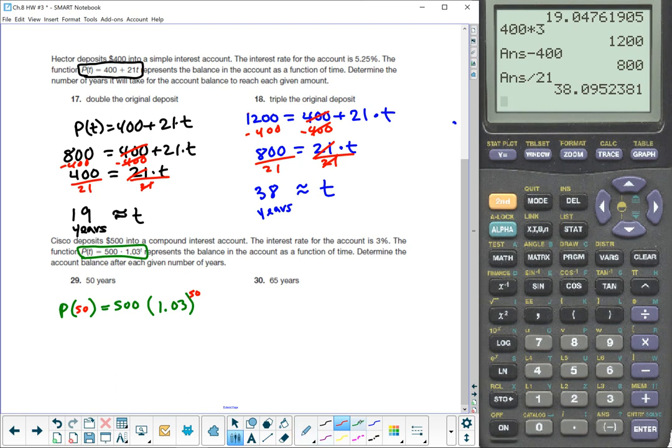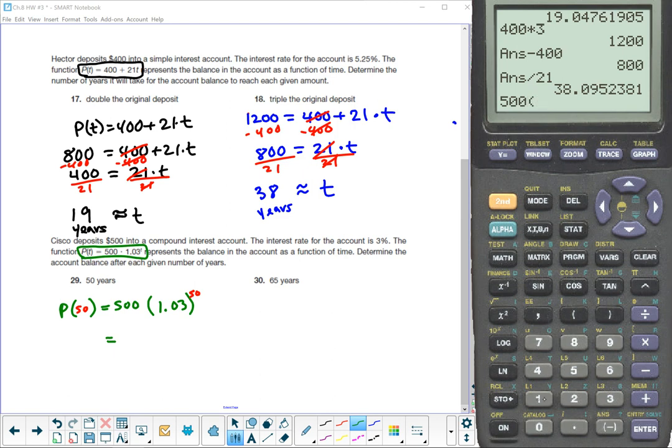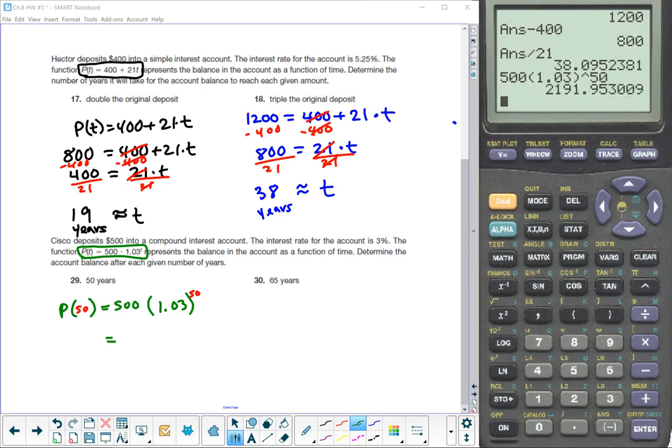So what does that equal? 500 times parentheses 1.03 to the power of 50. That gets us... oops, sorry, not 21,000. $2,191.95.